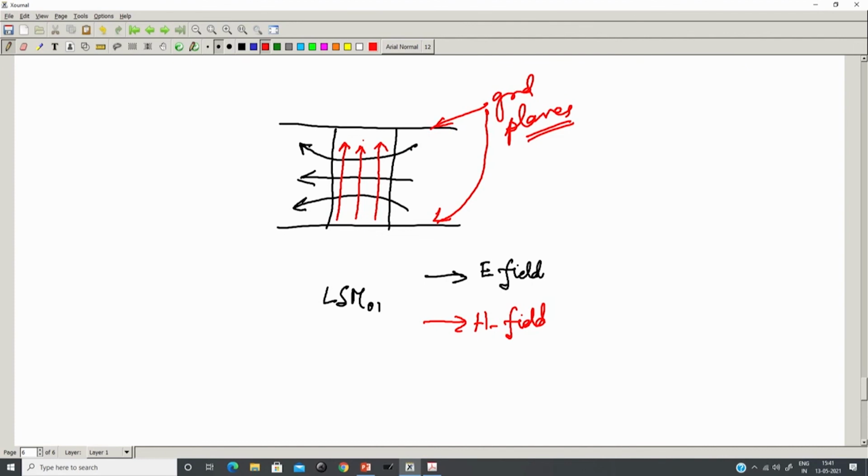So, this property is very important: the electric field profile of the LSM-01 mode, being the most popular mode in most NRD applications, being essentially parallel to the ground planes, decreases the transmission loss of the guide significantly and makes it an extremely low loss waveguiding medium at millimeter wave frequencies.